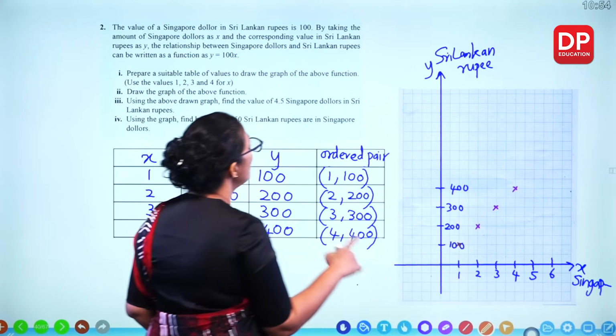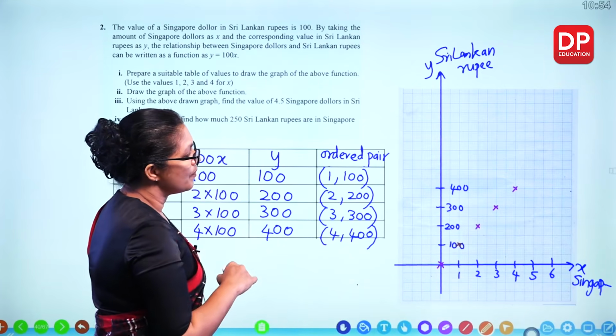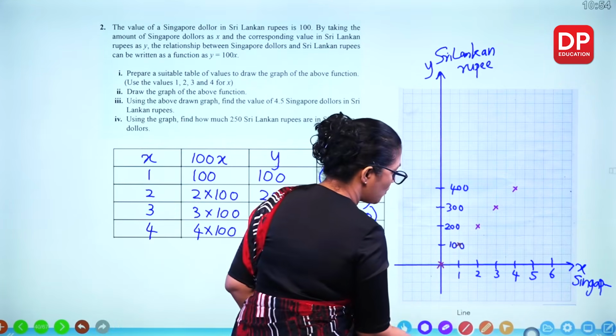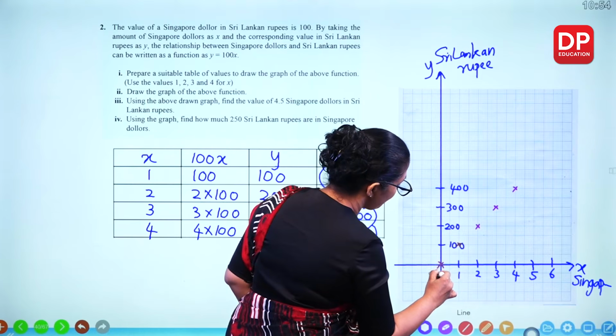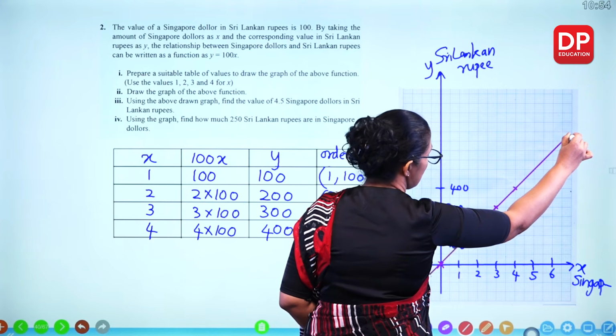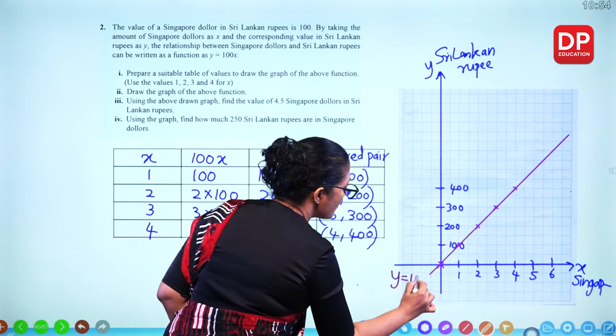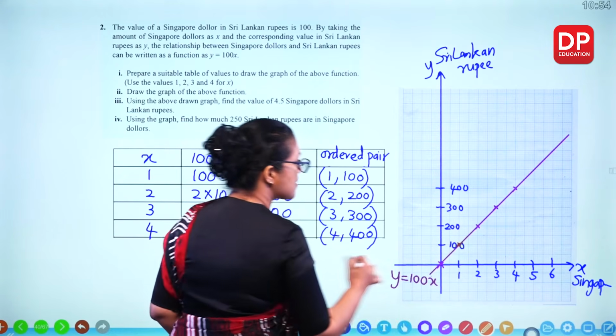And we know when x equals 0, y is also 0. Now we'll connect with the ruler. You get a straight line like this. So this is y equals 100x.